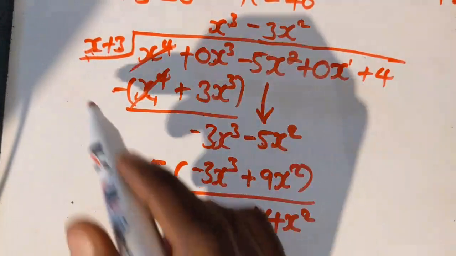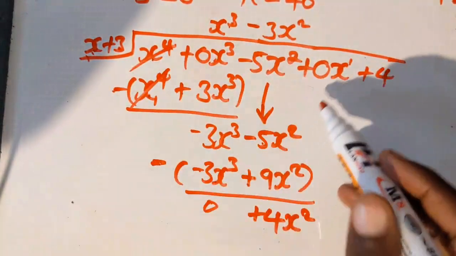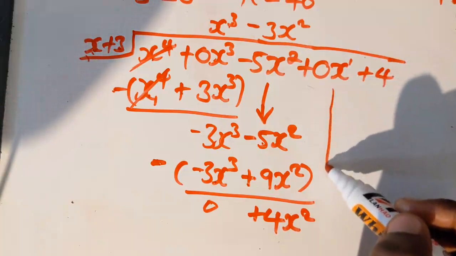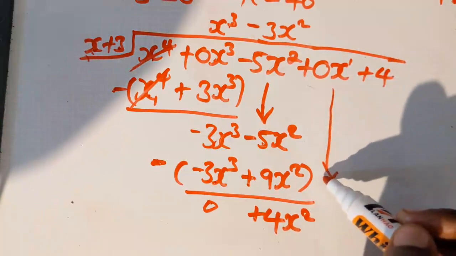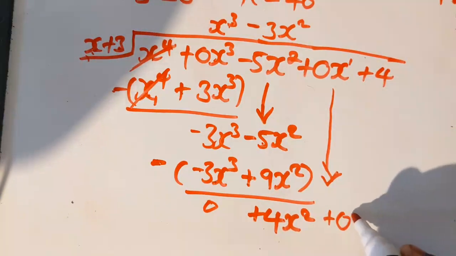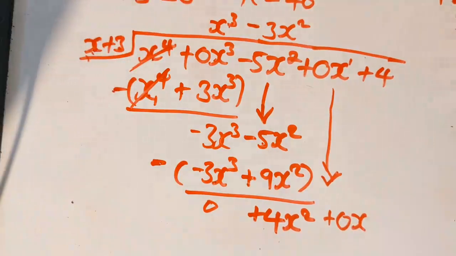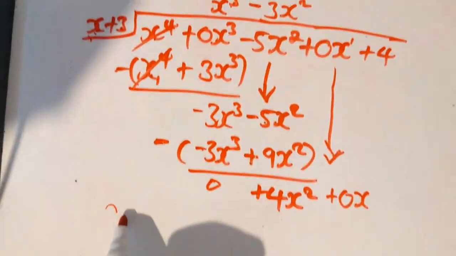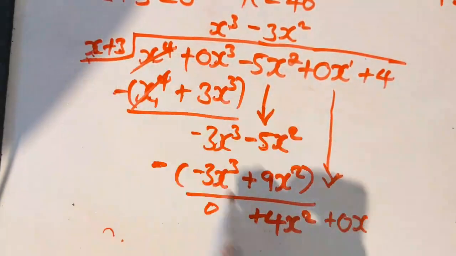Okay, so we have one value here, so we need to have two variables here. So we are going to bring down the 0. Okay, we are going to bring down the 0 like that. So this is going to be 0x to the power 1. Okay, so we're going to say x into this.